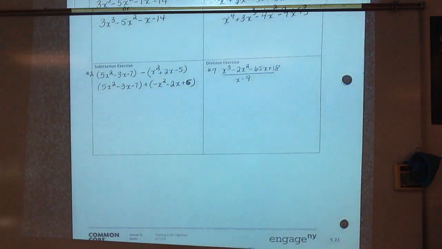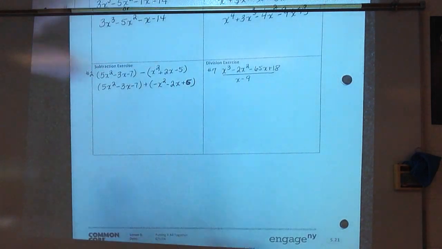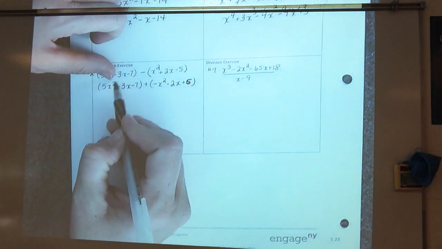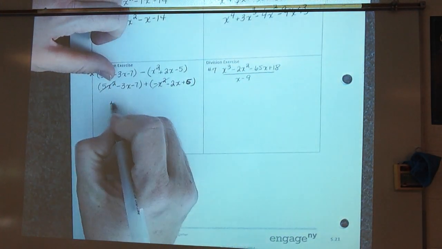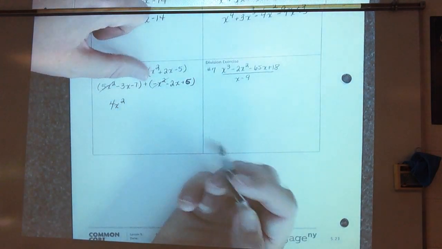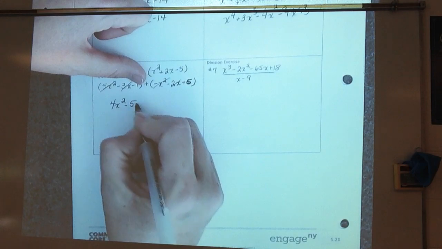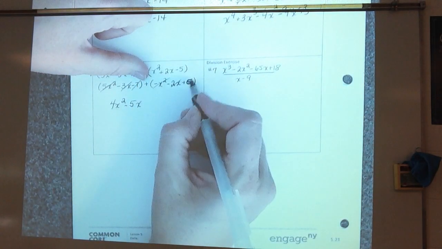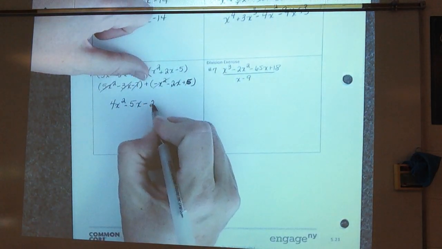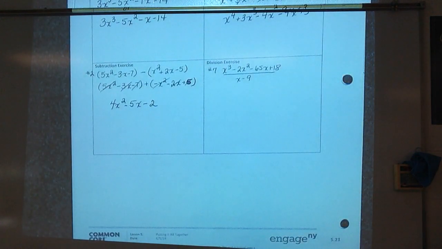I just took the opposite of everything after that subtraction sign. Now I combine my like terms. So 5x squared and negative x squared is 4x squared. Negative 3x and negative 2x is negative 5x. And negative 7 plus 5 is negative 2. And I'm finished because I can't combine anything else.